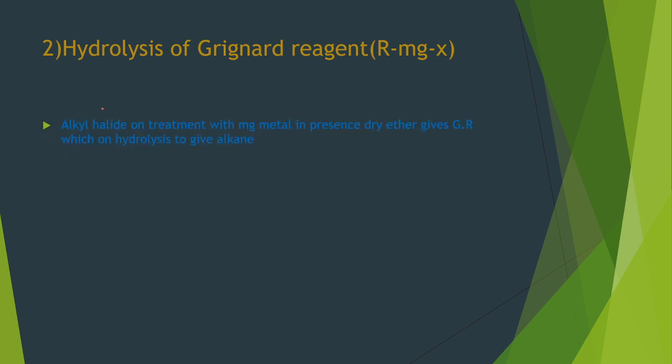Alkyl halide on treatment with magnesium metal in presence of dry ether gives Grignard reagent, which on hydrolysis gives alkane. We will see the examples. This is the general reaction for the preparation of alkane from alkyl halide.